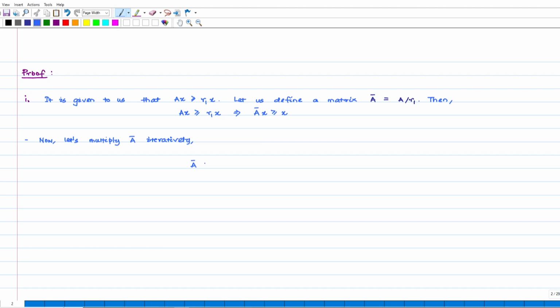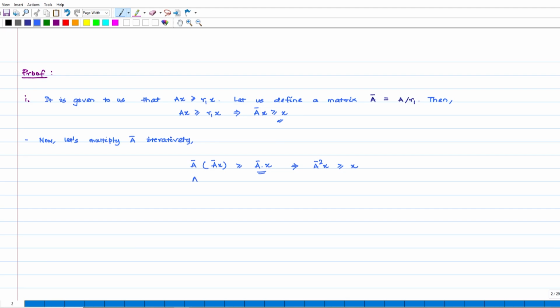Now, let us multiply A bar on both sides, which implies that the left-hand side is nothing but A bar squared times x, and we know that A bar times x is greater than or equal to x, meaning we get A bar squared x greater than or equal to x.